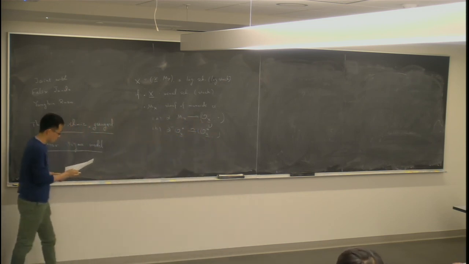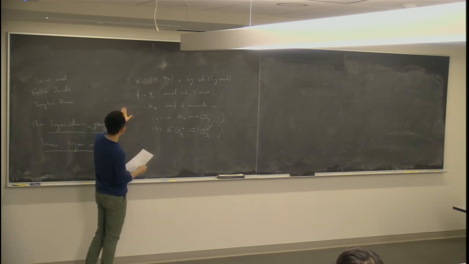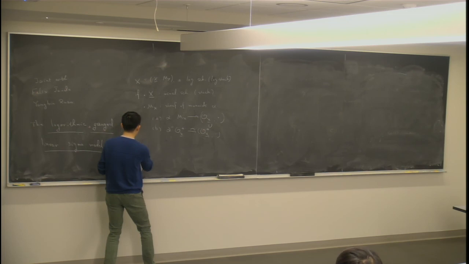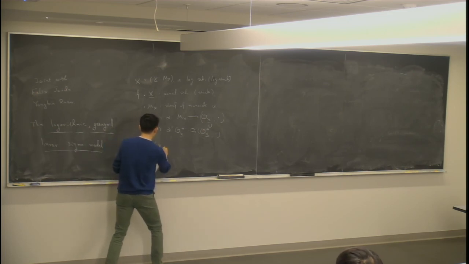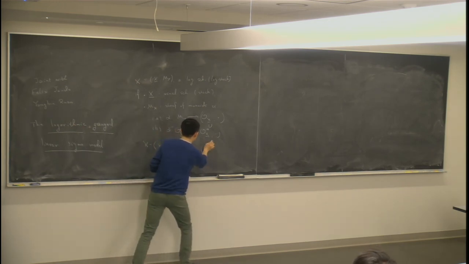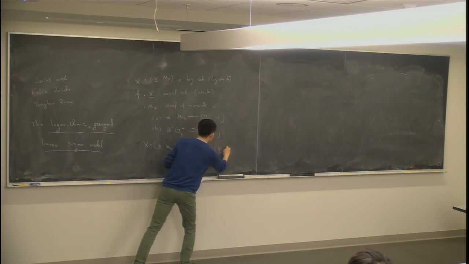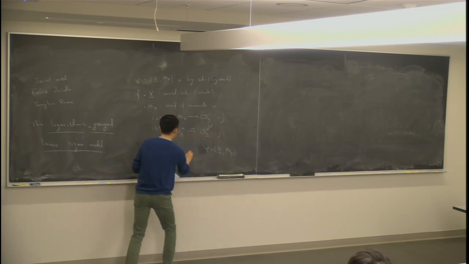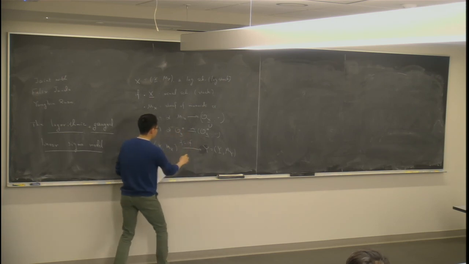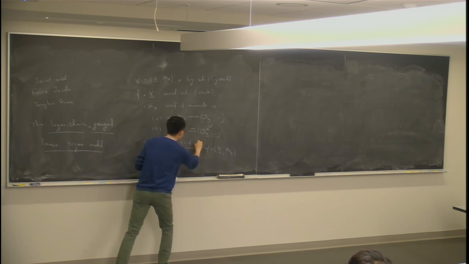Okay, so we have objects, now we talk about morphisms. So what is a morphism? Given log schemes or stacks, we want to consider the morphism between them. Every morphism between log schemes or stacks is given by a pair.